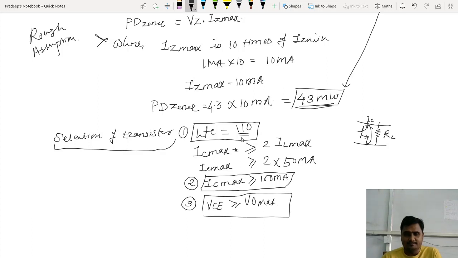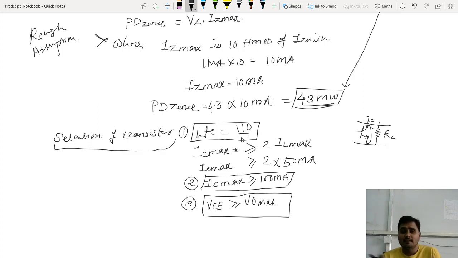The VCE of a transistor that you are going to use in your circuit must be greater than the output voltage, or maximum output voltage. If you are designing a voltage regulator for 12 volt and you are selecting a transistor which has VCE equal to 8 volt, what's the use of that?